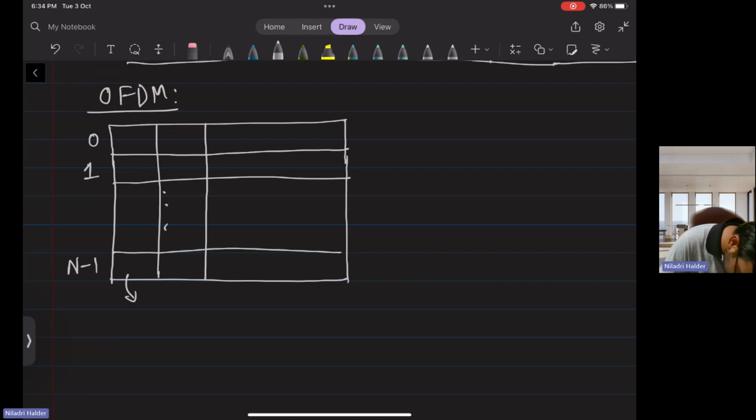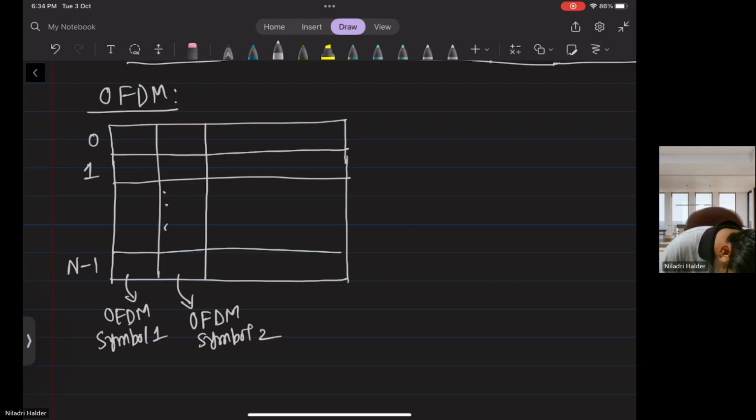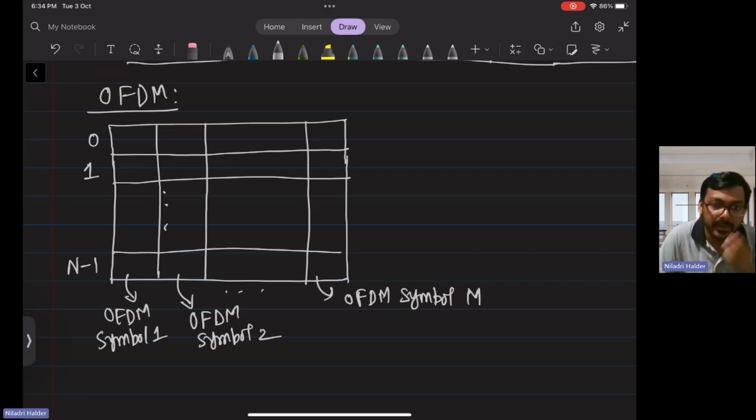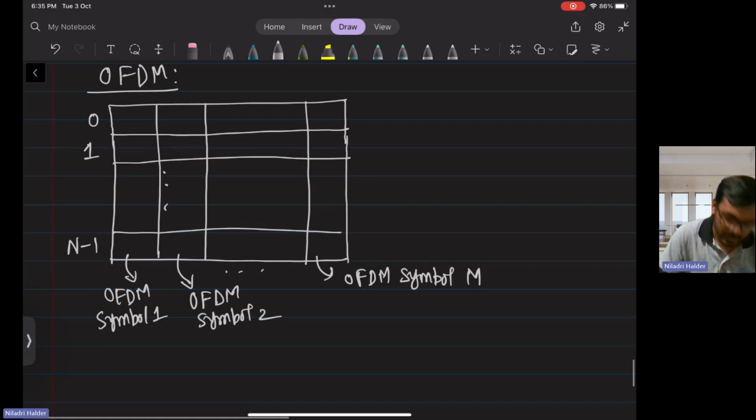Suppose this is the first original symbol, the second original symbol, like that. So this is the element of the original symbol. So this is the subperiod.